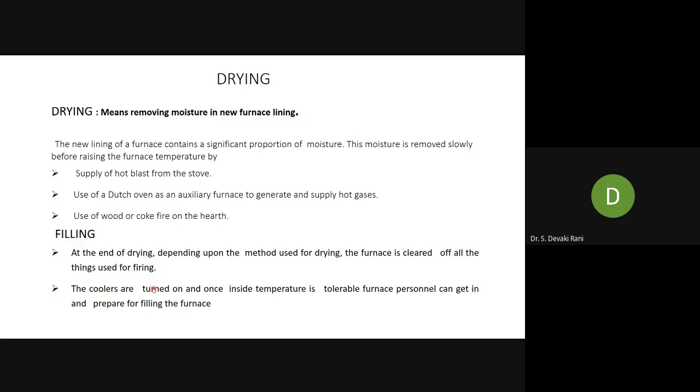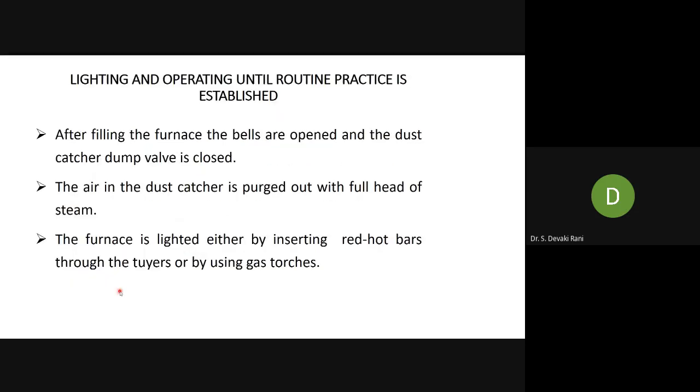Once the temperature is tolerable, furnace personnel will get in and prepare for the filling of the lining. So while filling, a checklist is prepared. Depending upon the checklist, they go step by step. So after filling, operating is done, normal operation. After filling the furnace, the bells are opened and the dust catcher dump valve is closed. What will happen if you close the dust catcher dump valve and the bells are open?